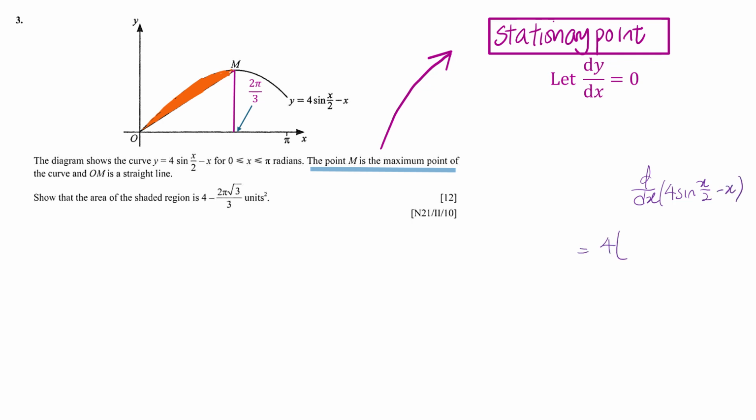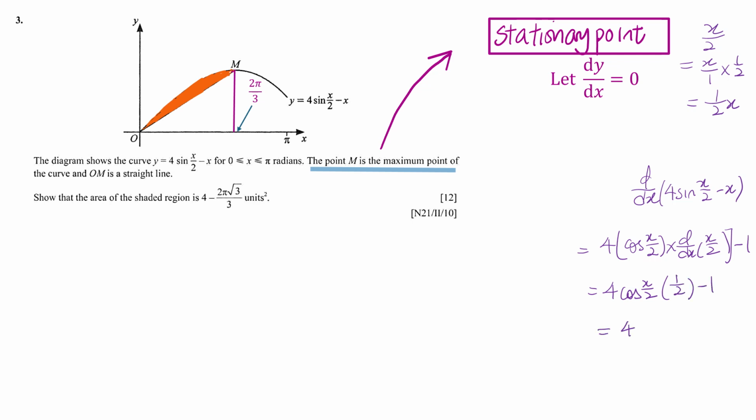So differentiating sine x over 2, I will get cosine x over 2. And not to forget, I need to differentiate x over 2. Differentiating x, you get 1. And x over 2 is the same as x over 1 times 1 over 2, which has the same meaning as half x. So differentiating half x, we get a half.